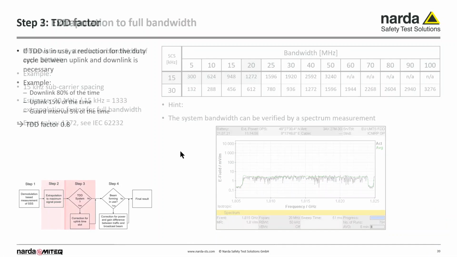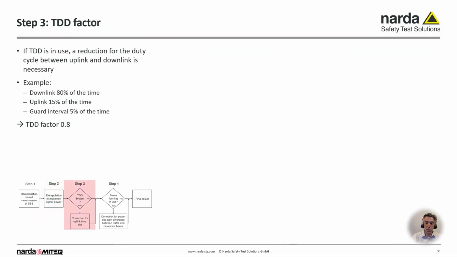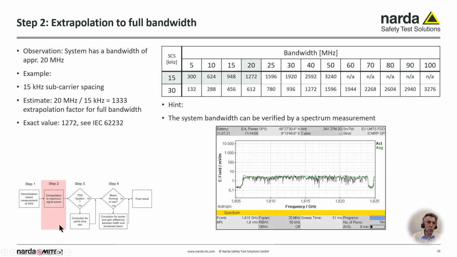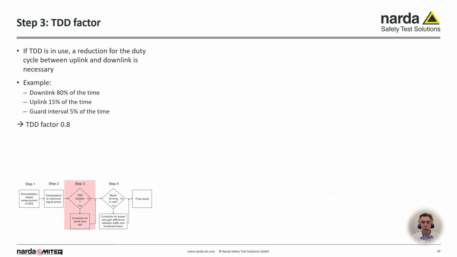So this was step number 2, the extrapolation to the maximum signal power. So this means now, if we just do the multiplication by 1200, we have the system which is running all the time with full power. Okay? But we learned we can have a TDD system.